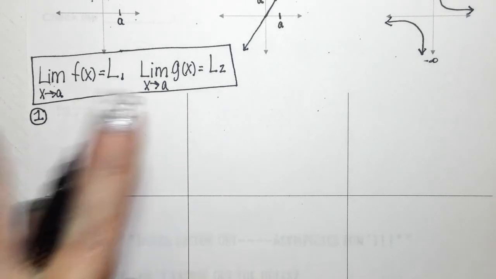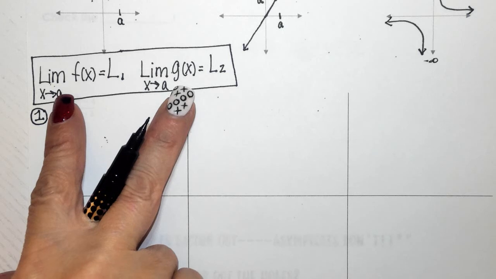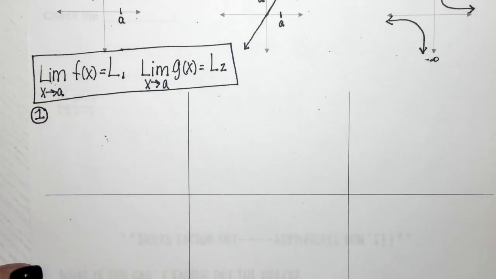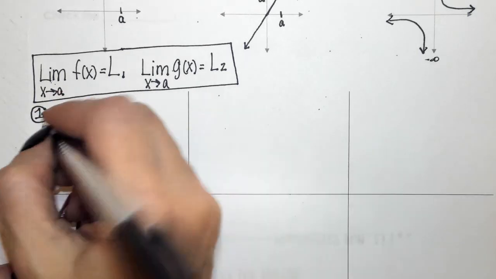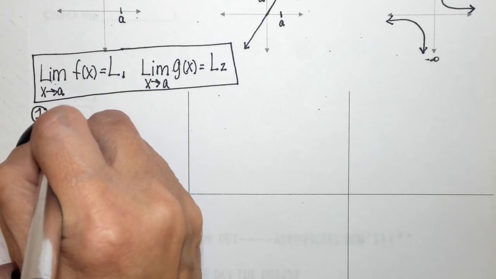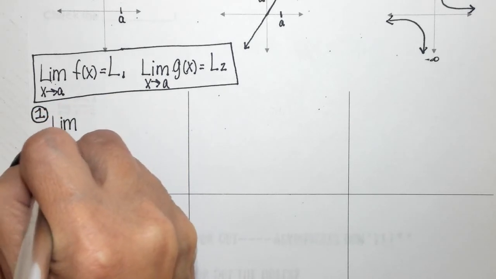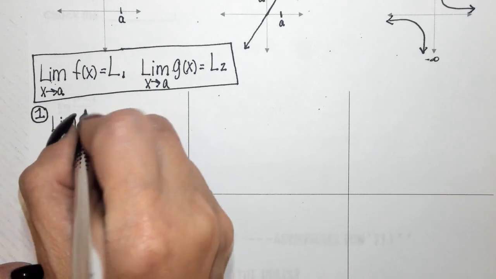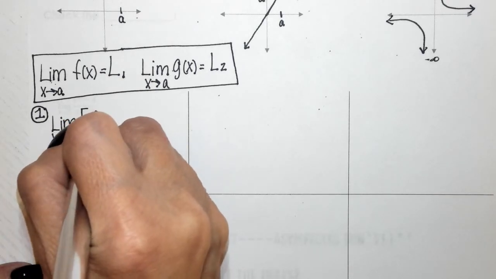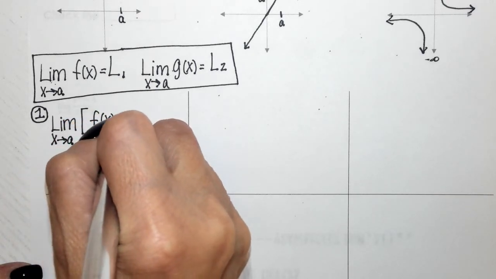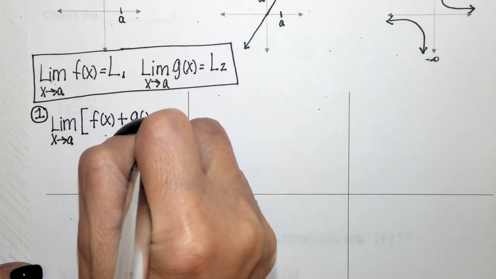So what if I took these 2 limits and applied the property of addition? Here's what I mean. What if I took the limit as x approaches a of f of x plus g of x?